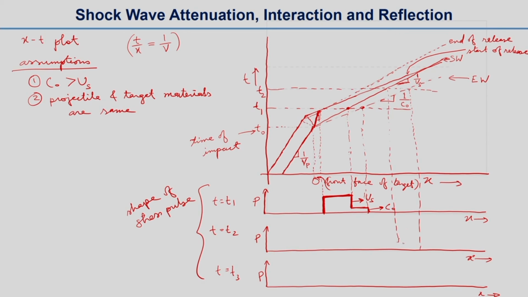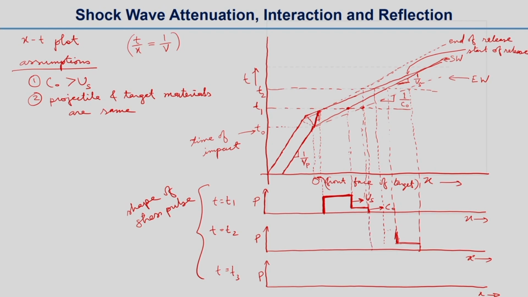So, the elastic wave will be here and the shock wave will be here, and there will be two other lines: start of release and end of release. This is start of release, and then this is end of release.